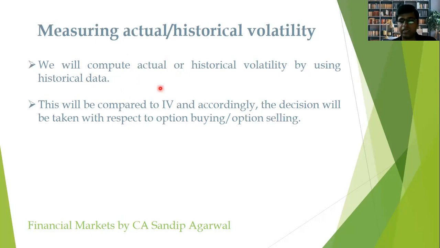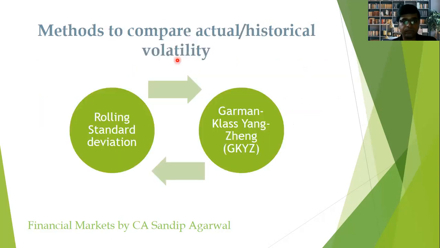We will see this in detail with the help of a detailed Excel sheet where I have taken the actual data of the underlying instrument Nifty, calculated the actual volatility, compared it to IV or VIX, and derived the volatility risk premium.